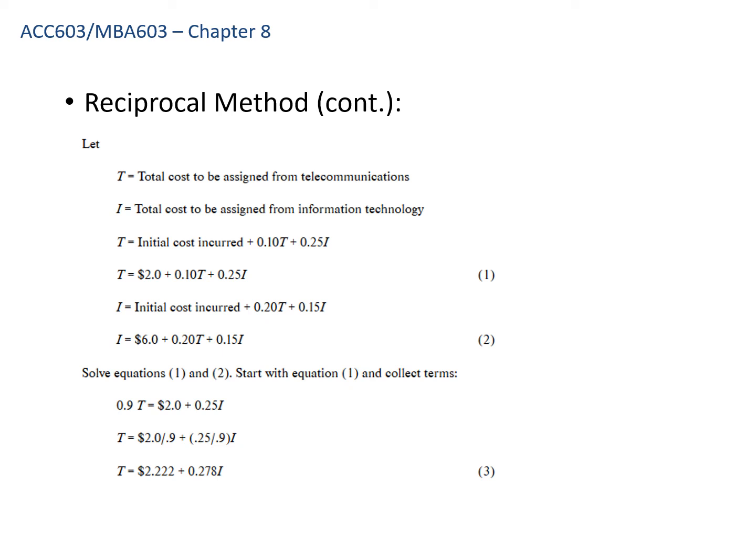I can start with the telecommunications one, and I can take that 0.1 T and subtract it from both sides. So I get 0.9 T equals 2 plus 0.25 I, and I could divide both sides by 0.9 to get T equals 2 divided by 0.9 plus 0.25 divided by 0.9 I. And then I can simplify that to be T equals 2.222 plus 0.278 I, okay?